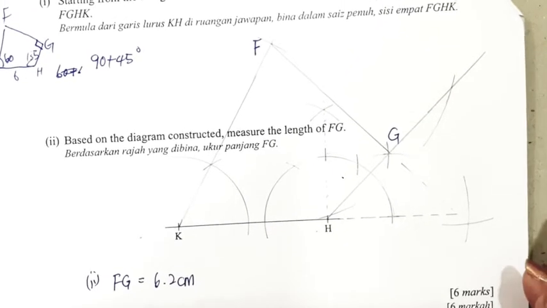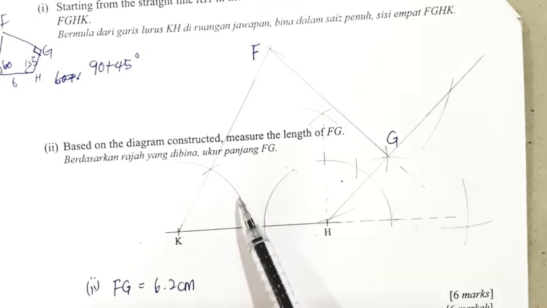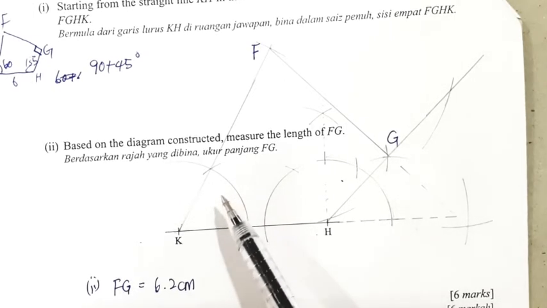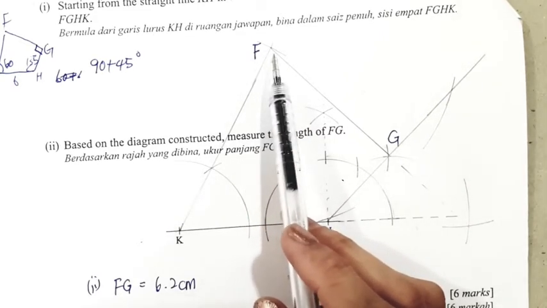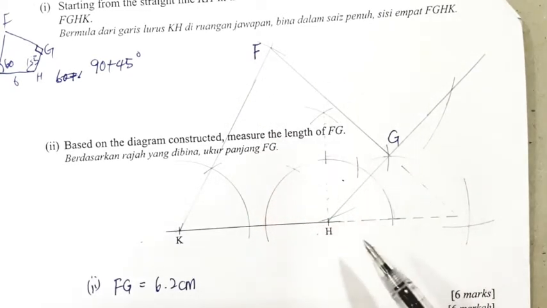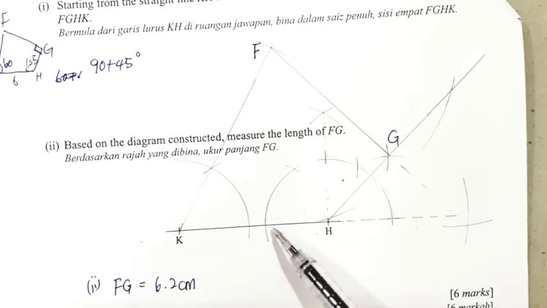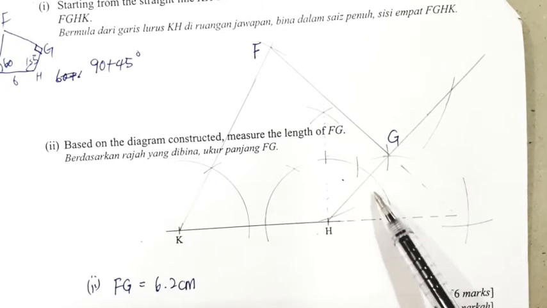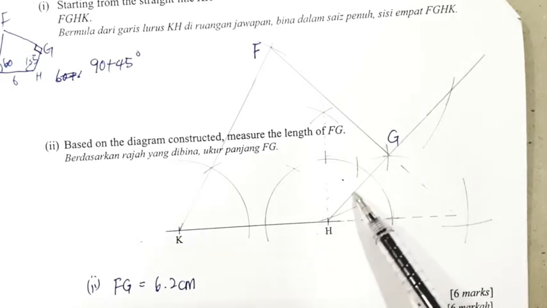Where are the marks given? 1 mark for 60. Okay, and then 1 mark for your point F. Okay, and then 1 mark for your bisect of 90 to get 45, to get this line.